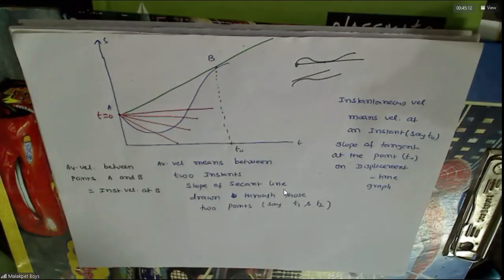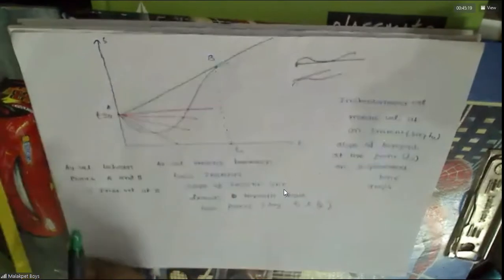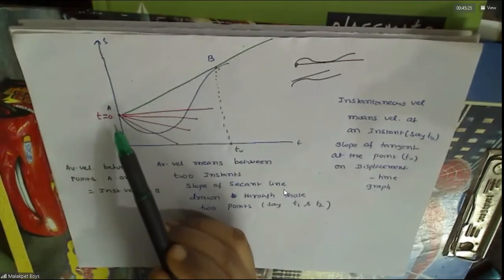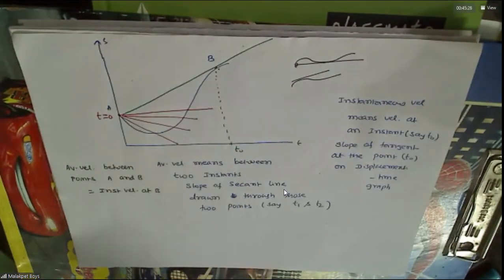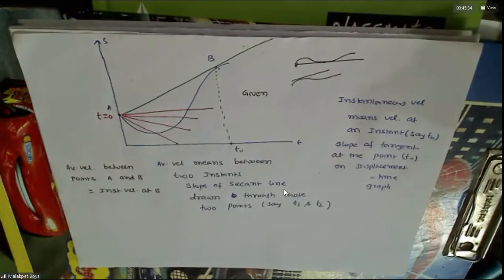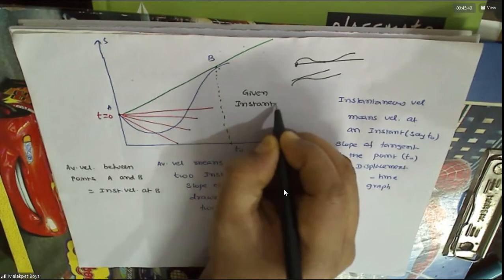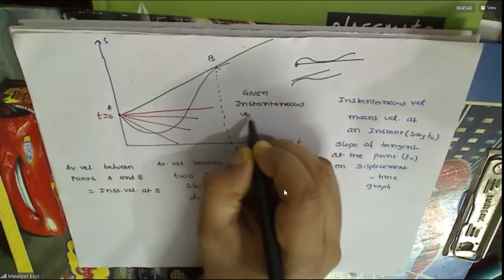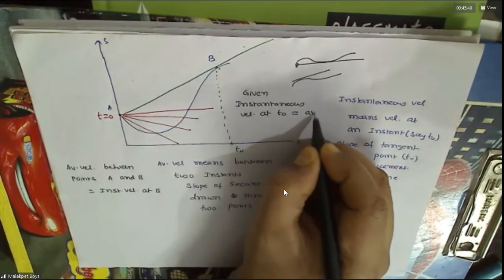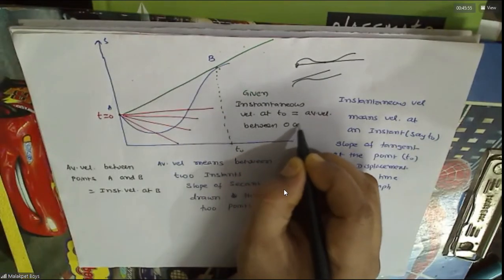Now as per the problem, he has given that the instantaneous velocity at t naught is equal to the average velocity between 0 and t naught.